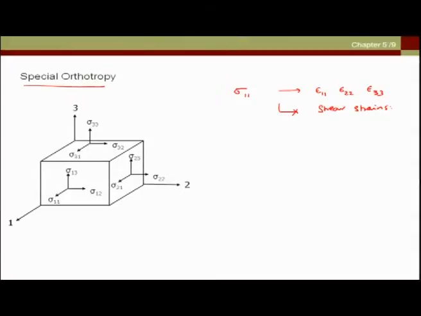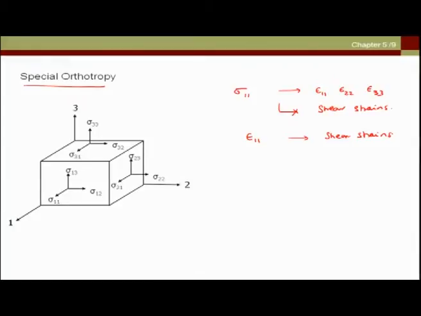Only extensional stresses cause extensional strains, and shear stresses cause shear strains. Similarly, if I pull it in the epsilon 11 direction only, it will generate stresses in other directions, but it will not generate shear strains. This is what it means.